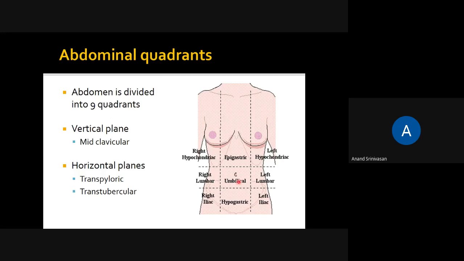That's why we divided it into 9 quadrants by 2 vertical lines and 2 horizontal lines. The 2 vertical lines are called mid-clavicular lines.